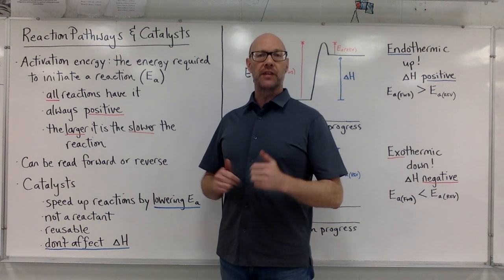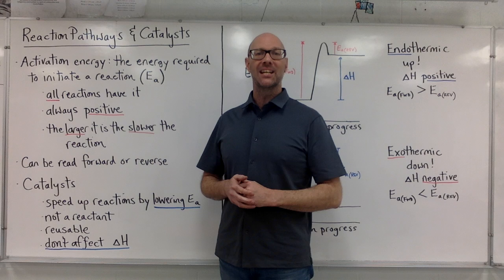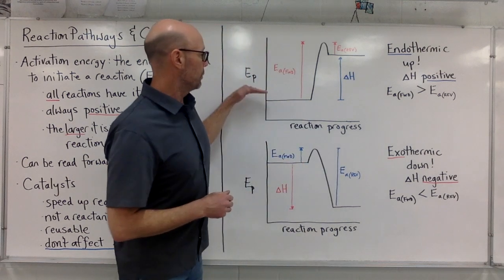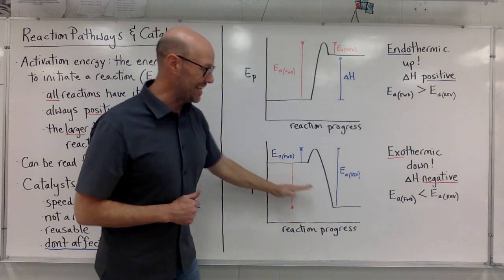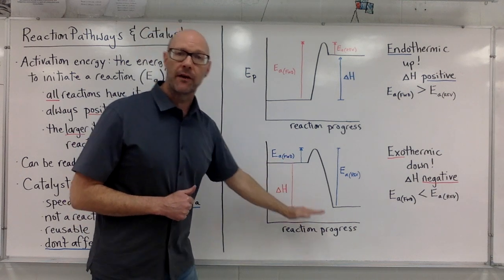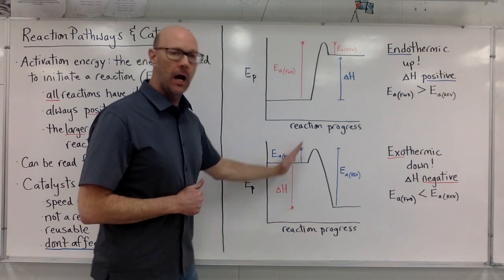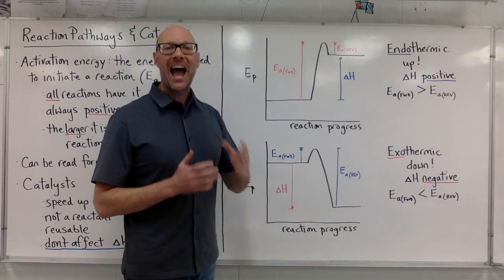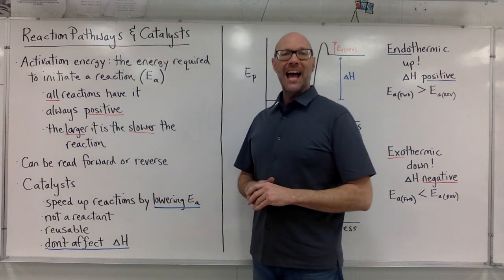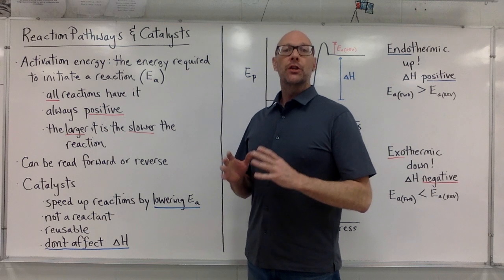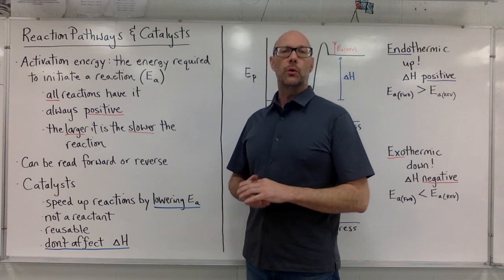It always represents an up movement in the graph. Here we went up for that activation energy. Here, even though in the end the exothermic graph comes down, there's an initial upward movement, the activation energy. The larger the activation energy is, the slower the reaction takes place.